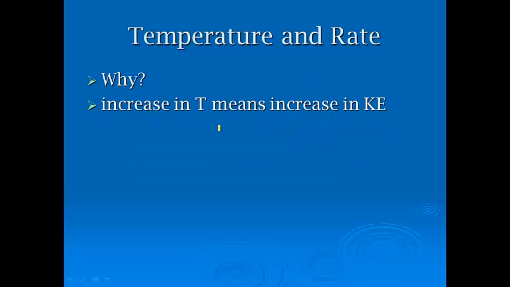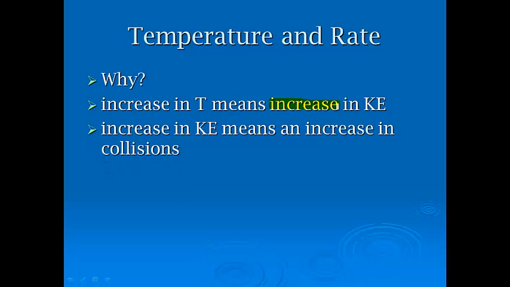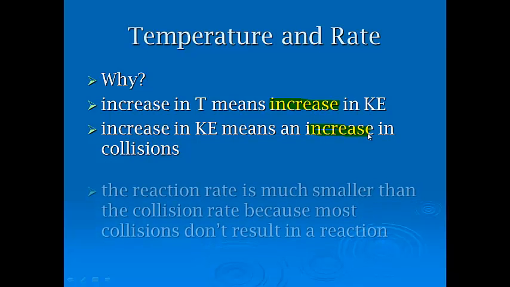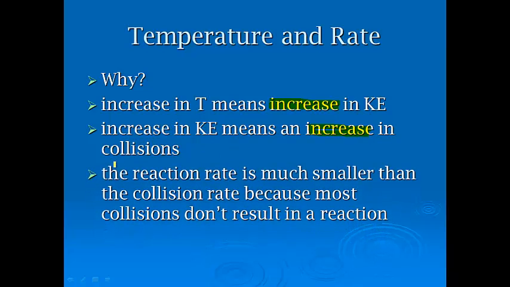Why? Well, if you increase the temperature, it all comes back to this: we increase the kinetic energy of those particles. And if they're moving faster, then you have an increase in the number of collisions, which means an increase in the number of correct collisions. The reaction rate is much smaller than the collision rate because most collisions don't result in a reaction.